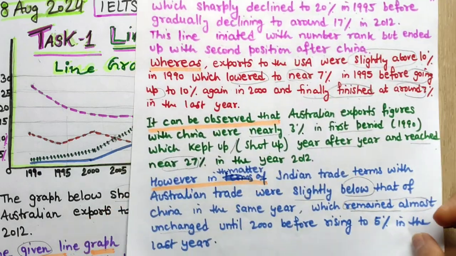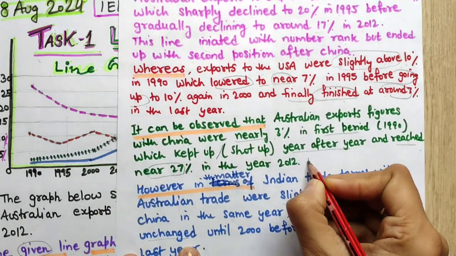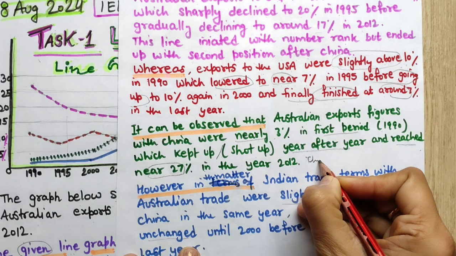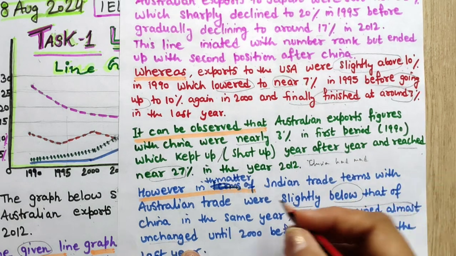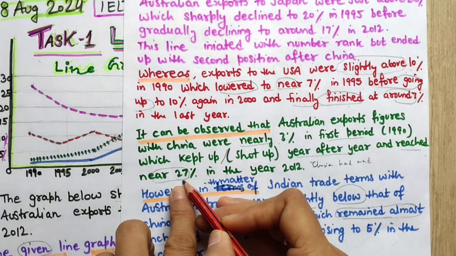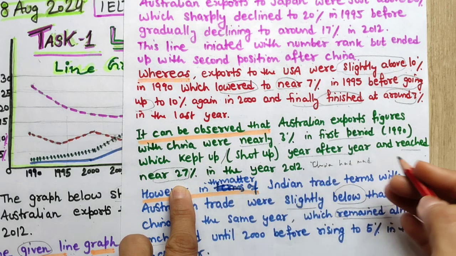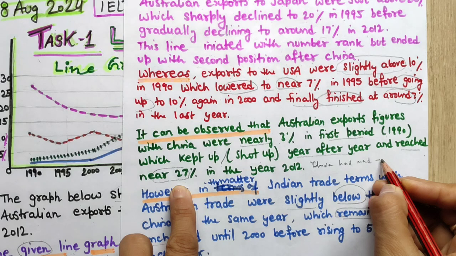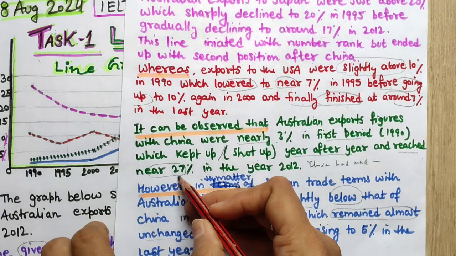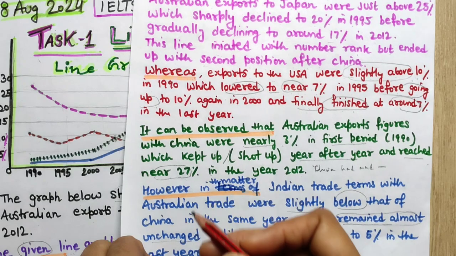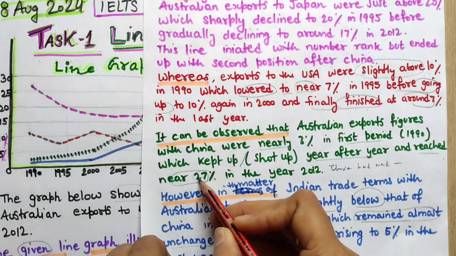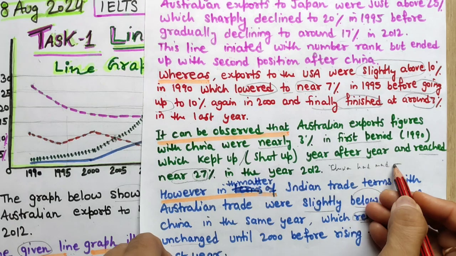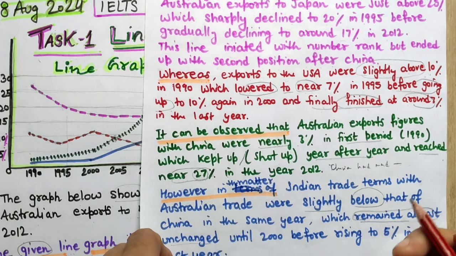So China had made how many folds? You can learn vocabulary for 27%. I don't remember the exact figure now. You can learn vocabulary for 3-fold or 5-fold. Just note it down: from 3% to 27%, you can write one good vocabulary word here.